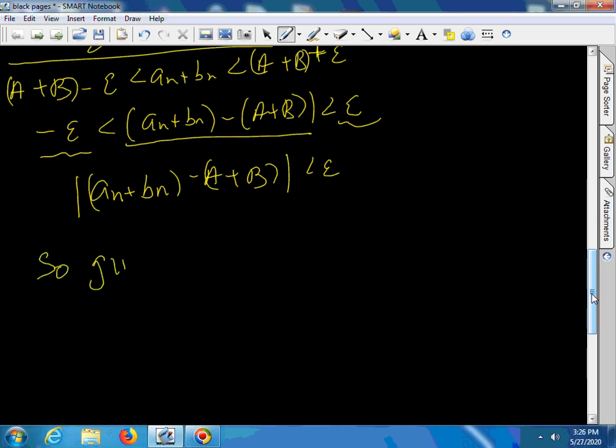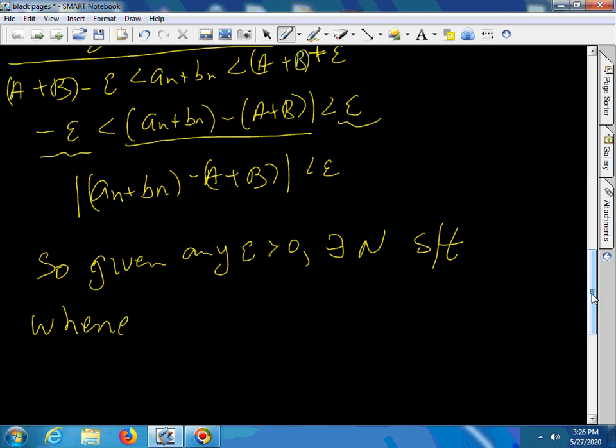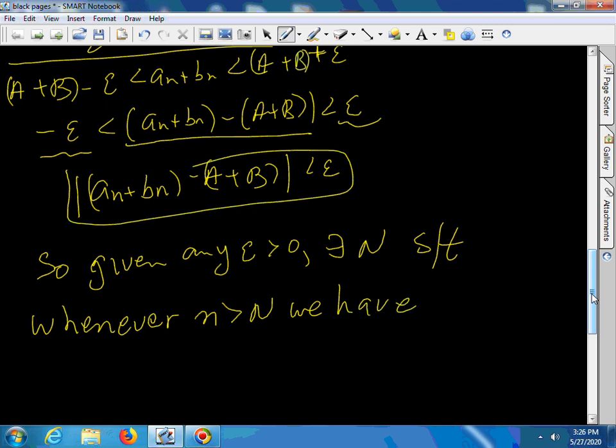So, given any epsilon greater than 0, there exists a capital N such that whenever n is bigger than N, we have the absolute value of a_n plus b_n minus capital A plus b is less than epsilon.